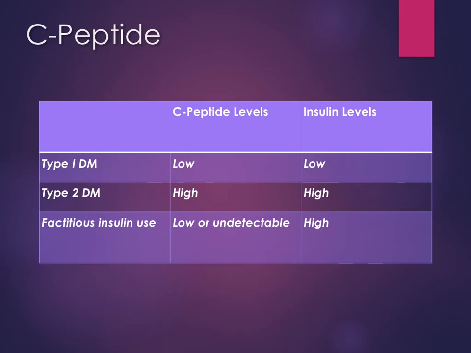If somebody took an inappropriate dose of their synthetic insulin, the C-peptide will be low. However, if they're producing high levels of insulin because they have an insulinoma, then their insulin levels will be high as well as their C-peptide. So this is a great test that you can use to distinguish between the two conditions.